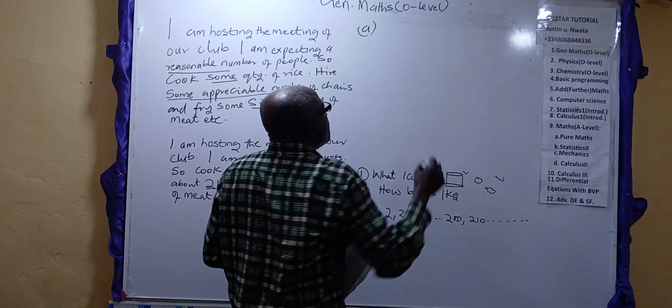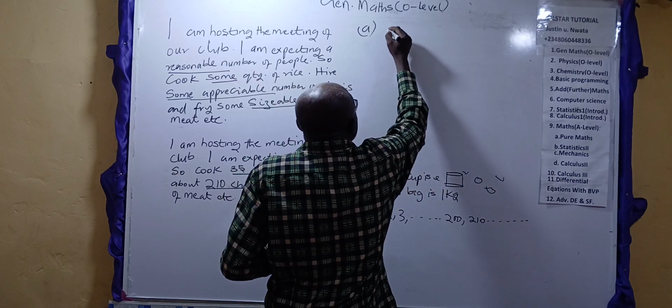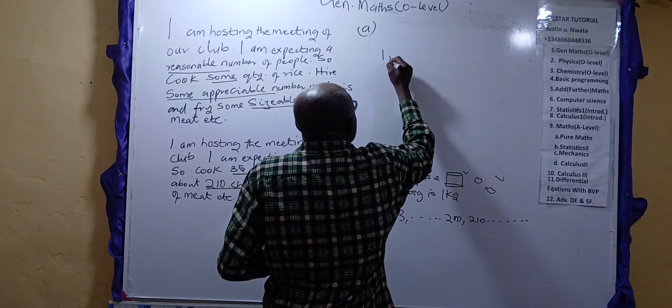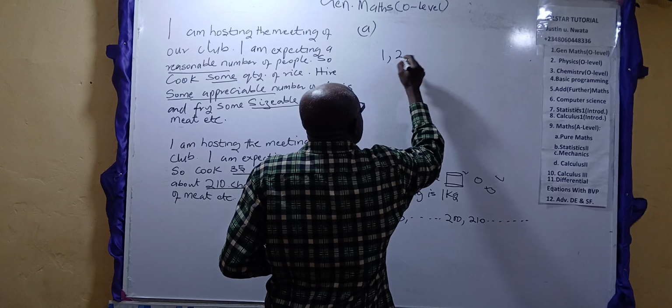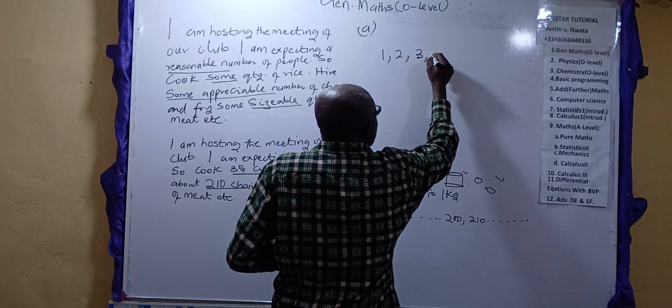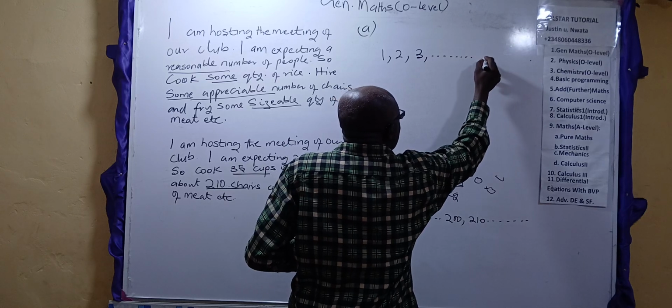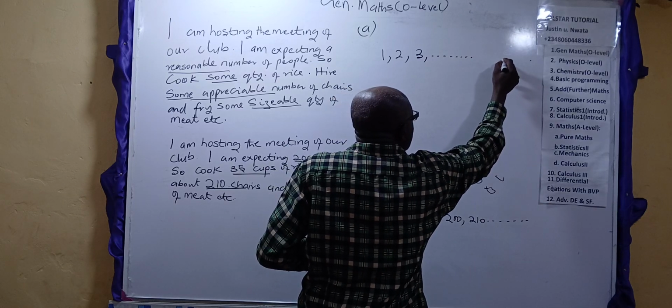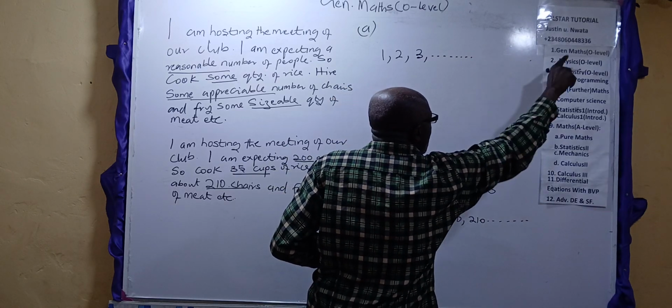Galileo Galilei wrote this number system: 2, 3, non-stop, to 1,000, to million, to billion, to trillion. It's continuous, non-stop.